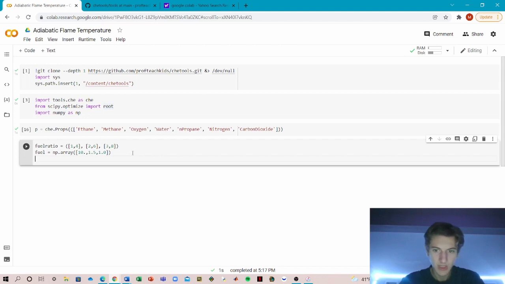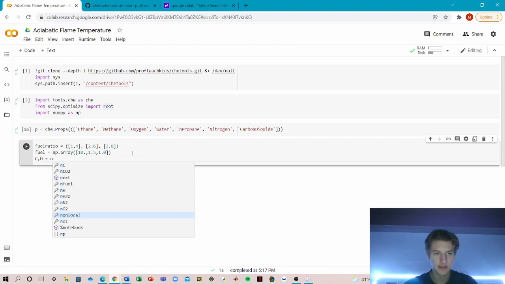Alrighty, now let's do CH equals, okay, CH, and then this will be multiplying the two arrays together.